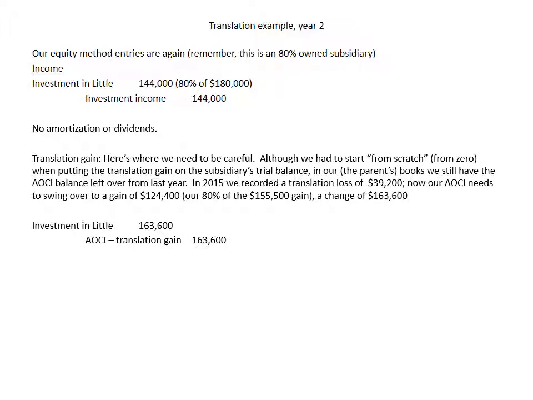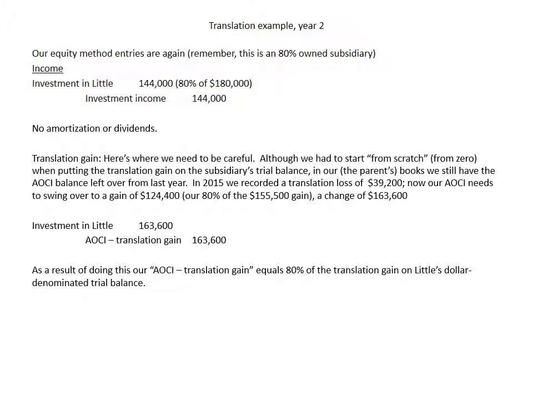So we're going to go ahead and record the translation gain of $163,600 with a debit to the investment in Little. Now, as a result of doing this, our accumulated other comprehensive income translation gain equals 80% of the translation gain on Little's dollar-denominated trial balance.